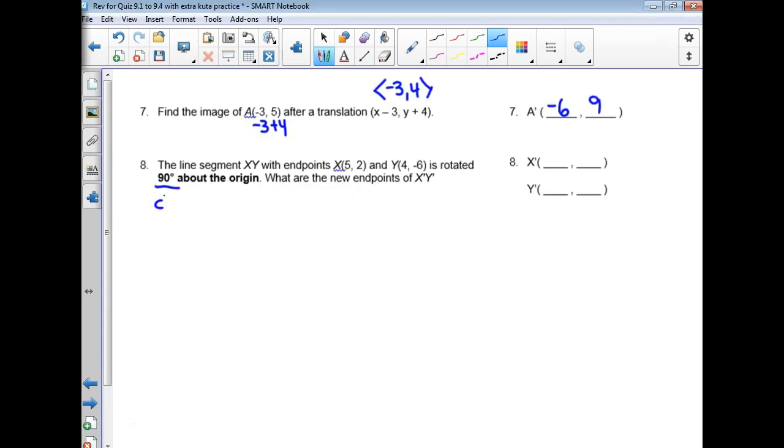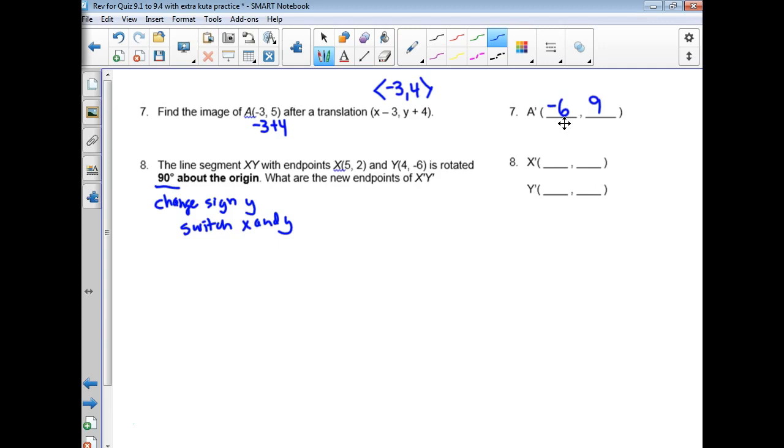So 90 degrees, multiply Y by negative 1, which changes the sign of Y, and switch X and Y. If you want to write that down, it's up to you. So I'm going to change the sign of the 2 to negative 2 and switch it with the 5, so that X prime would be at negative 2, 5.